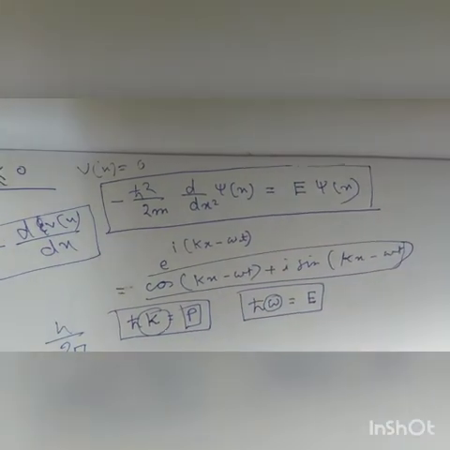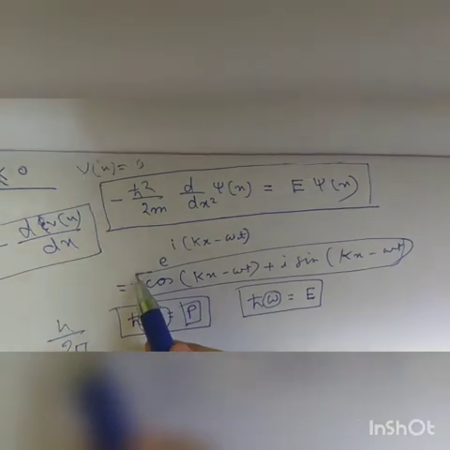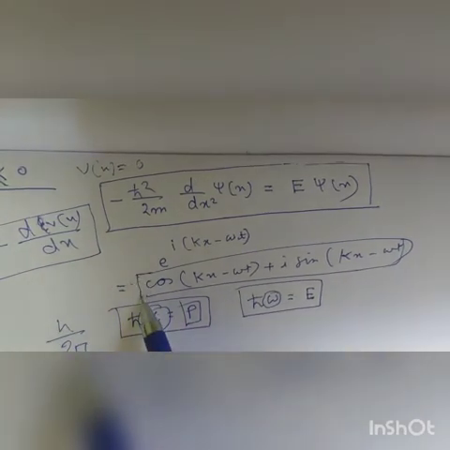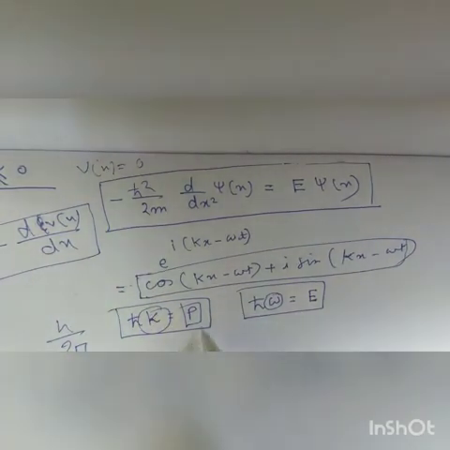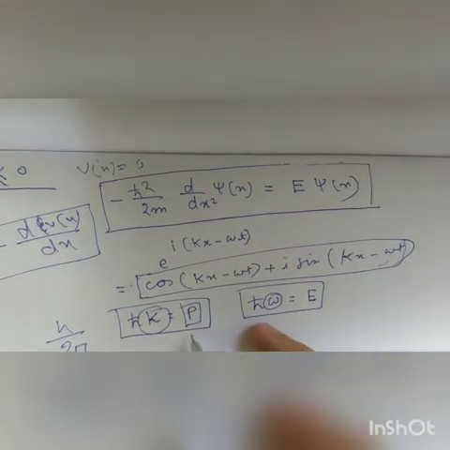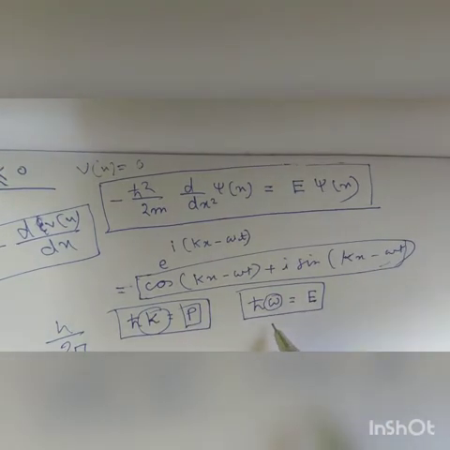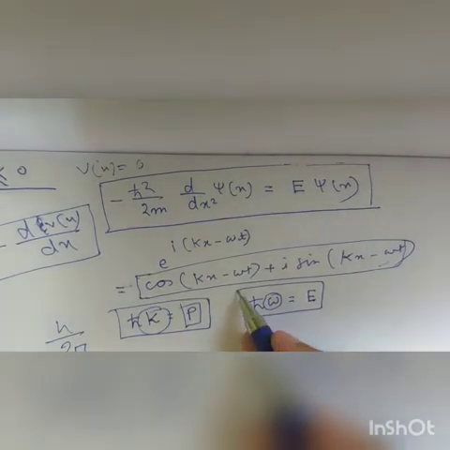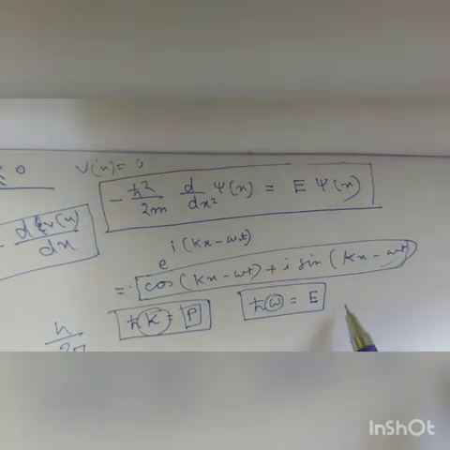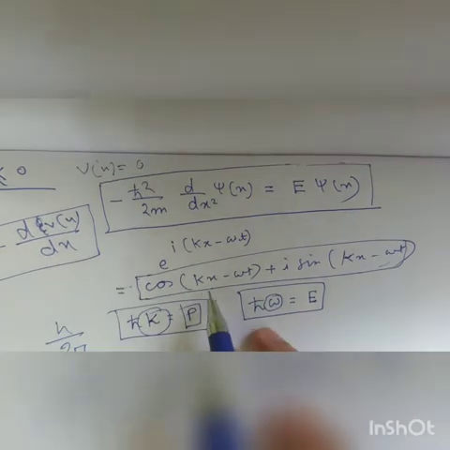In fact, for deriving the Schrodinger equation we consider the equation of a free particle to be this, and we use the Einstein-de Broglie relations and some energy relation to get to the Schrodinger equation. So we can now assume the solution to be this.